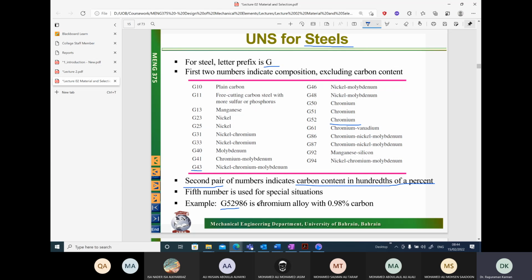And 98 stands for 0.98% of carbon. Okay, so what is 6? 6 is usually used for additional special situations. It could be anything related to special elements which are added or some other manufacturing processes used to identify the particular material.